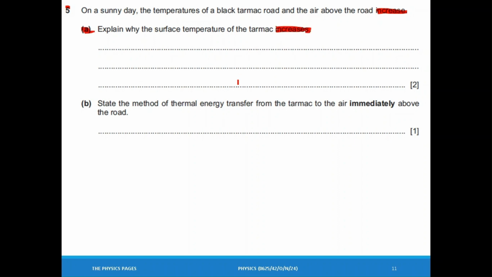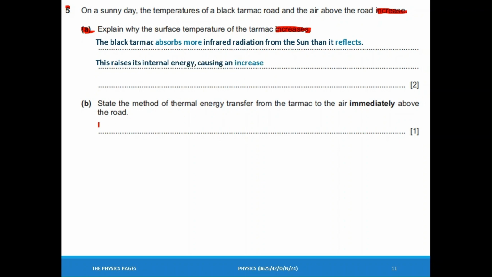The black tarmac gets hotter because dark surfaces are excellent absorbers of heat, especially under sunlight. Being black, the tarmac absorbs more infrared radiation from the sun than it reflects. As a result, its internal energy increases, causing its temperature to rise.